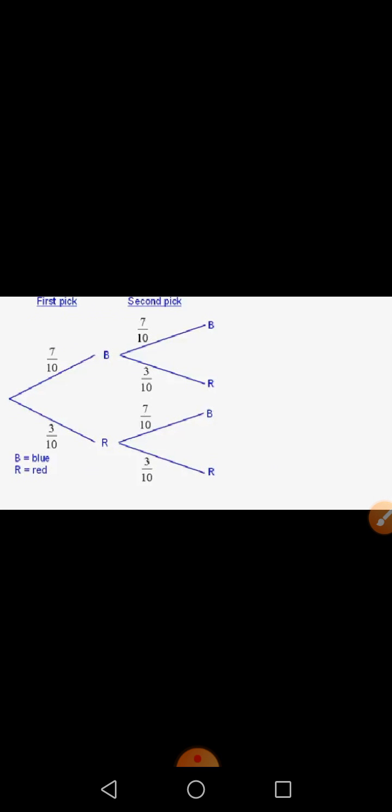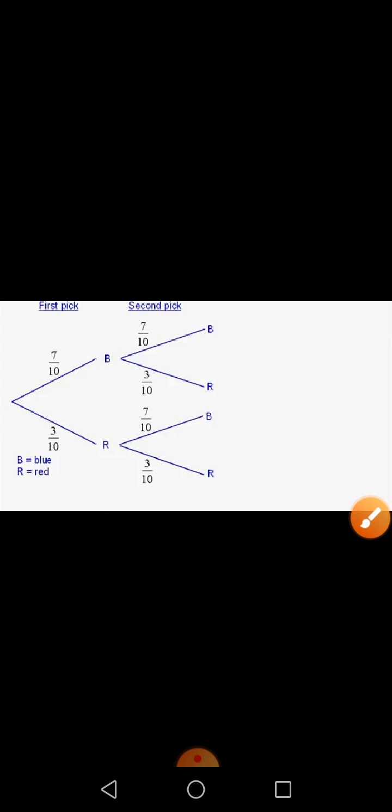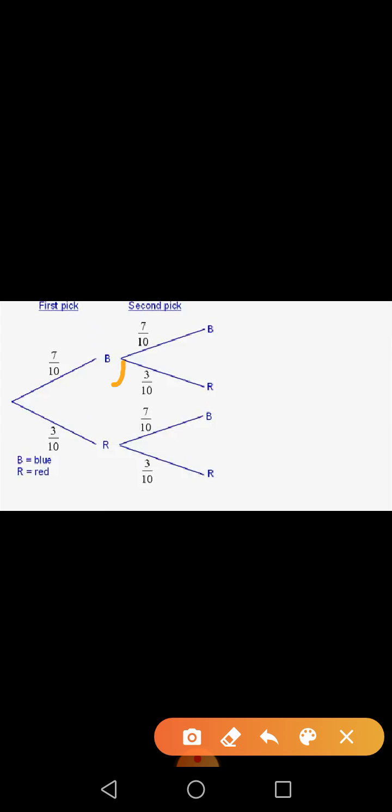What about the second pick? He said he replaced it, which means the total will be 10 again, right? As he returned back what he picked first, then he makes another pick, the second pick. So from blue, he makes a choice of blue and red with the same numbers, 7 over 10 and 3 over 10.